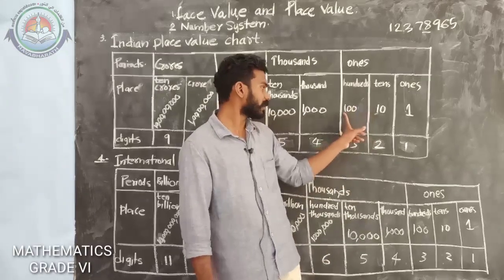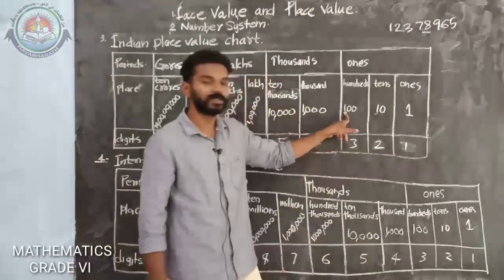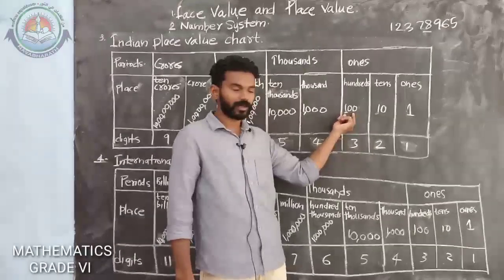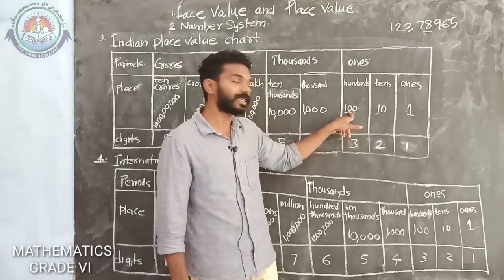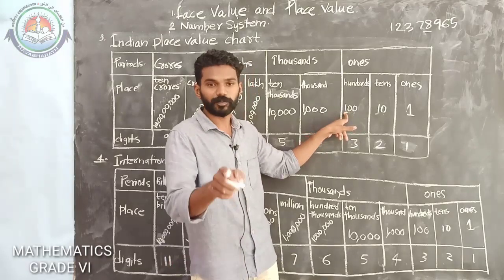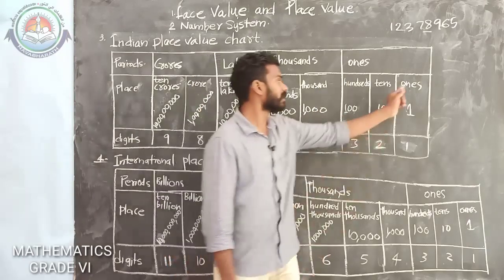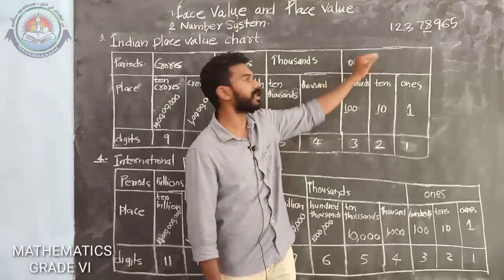And if there are three digits, the third digit represents hundreds place. So in the number 100, the first zero is in ones place, the second zero is in tens place, and the one represents the hundreds place. Ones, tens and hundreds belong to the period ones.